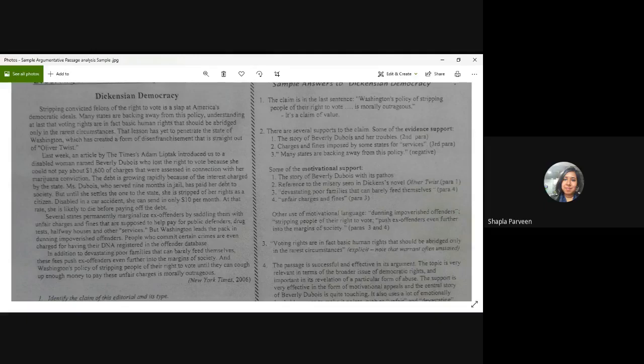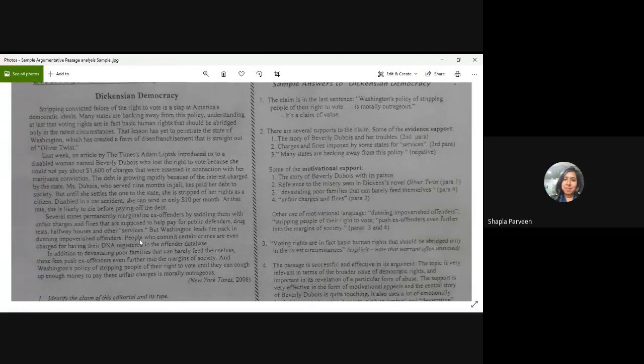So the writer gives this example of this character, Beverly Du Bois, and how she has been treated. In fact, the writer's main viewpoint is about taking away a citizen's right to vote, because every citizen has a right to vote. And when that is taken away from them, it's considered morally outrageous.